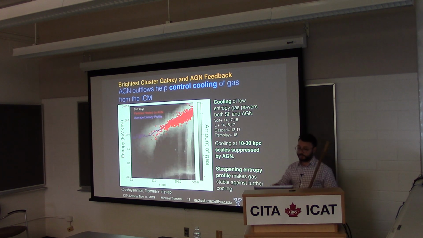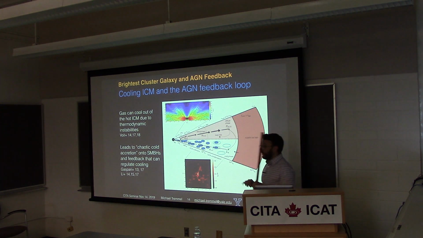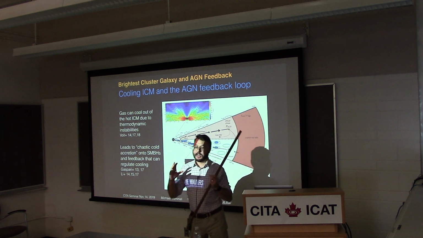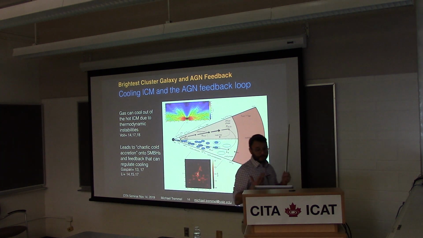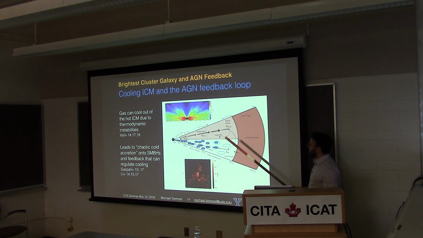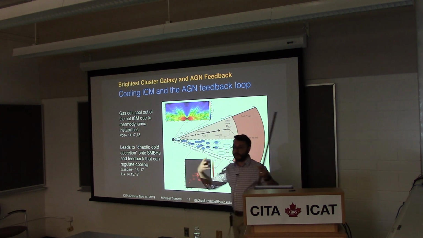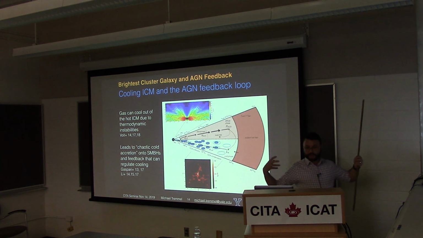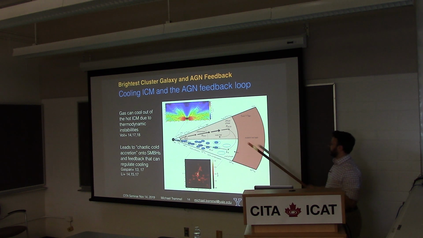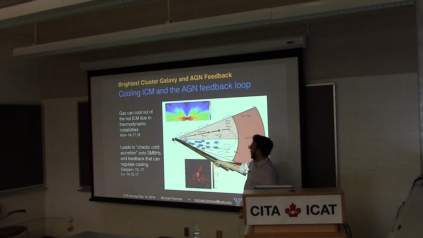And this is, like I said, similar to this idea of precipitation-regulated cooling in cluster environments, right? So this idea is that when you have this hot ICM, you get this cooling out of it that results in this sort of chaotic accretion onto black holes. This gas falls to the center, feeds black hole feedback.